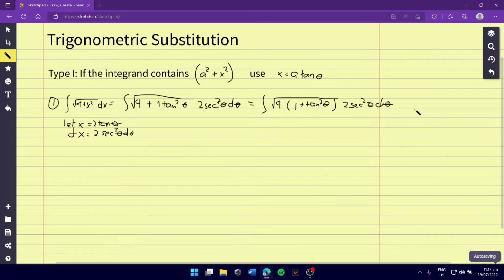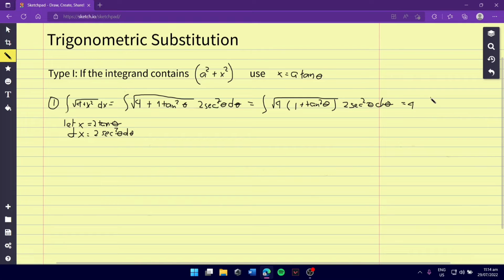Next, since it has constants, we will factor out the constant. The square root of 4 is 2, so we'll put 2 here, and the constant here is 2, so this will become 4.